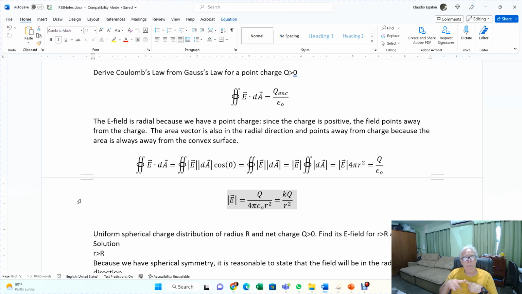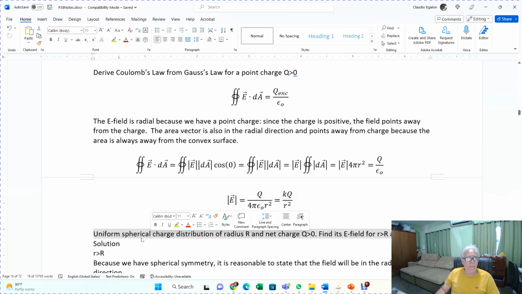I didn't use Coulomb's law at all. I derived Coulomb's law just with the knowledge of how the electric field behaves around a point charge. We can repeat that for a spherical charge distribution as well, of radius r and net charge q greater than 0.